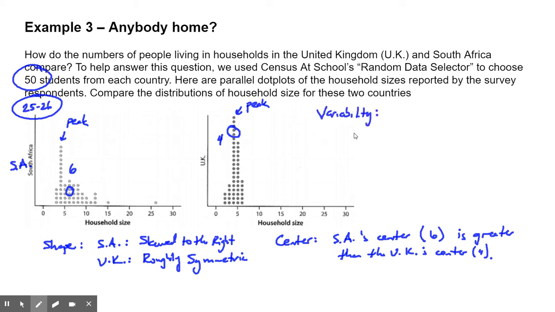Remember, variability is the spread. So if you look at South Africa's spread, it goes from 3 to 26. So its variability is 26 minus 3. That's 23. That's a pretty large variability. Whereas the UK's goes from about 2 to 6. 6 minus 2 is 4. So we can see that there's a lot more variability when it comes to South Africa than the UK.